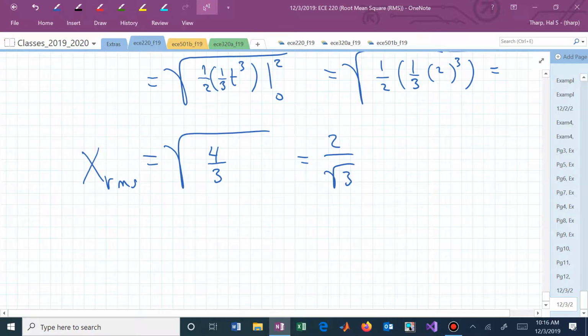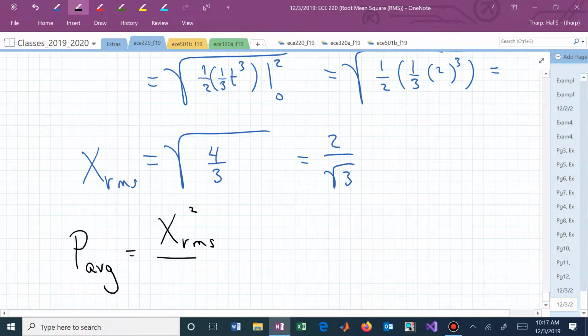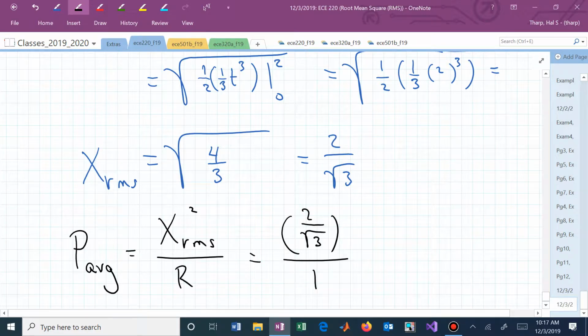And the nice part about having the RMS value is now we can use that immediately in our average power expression. We now have that this is 2 over the square root of 3, and the R value was 1.